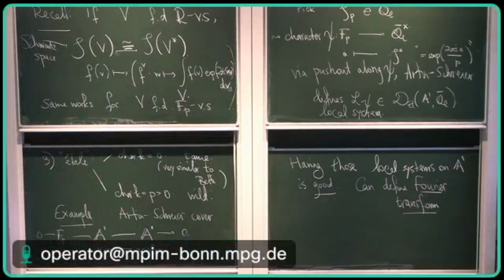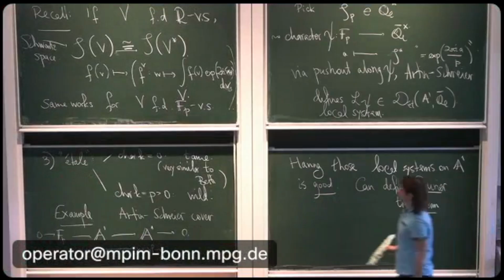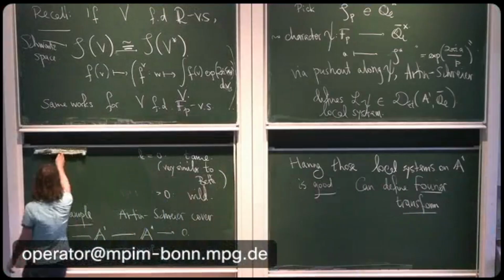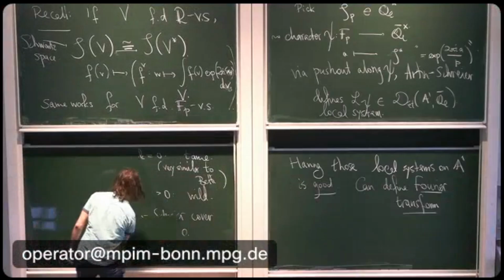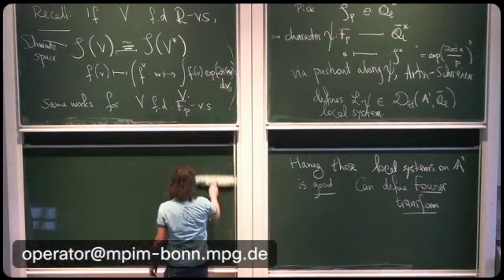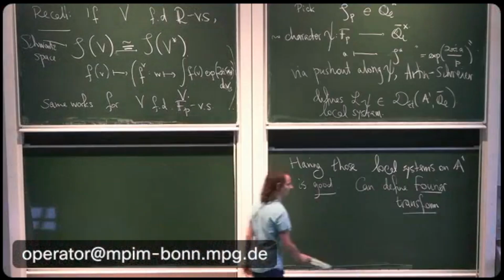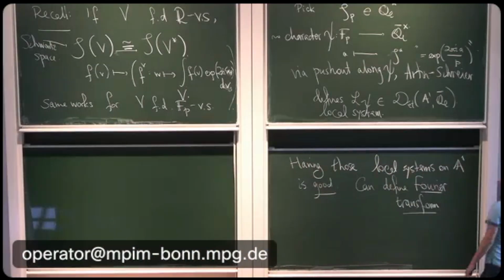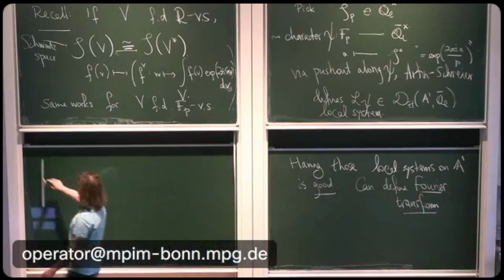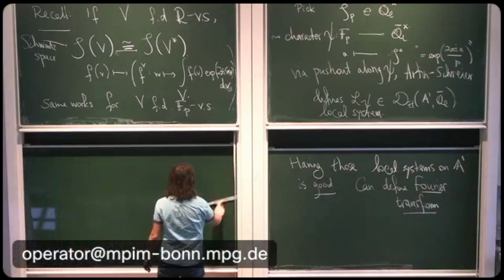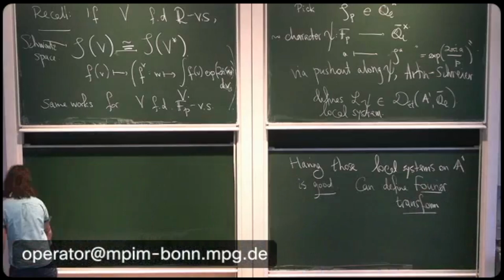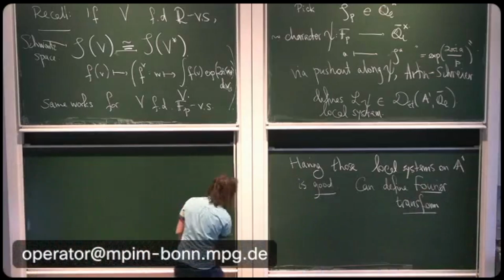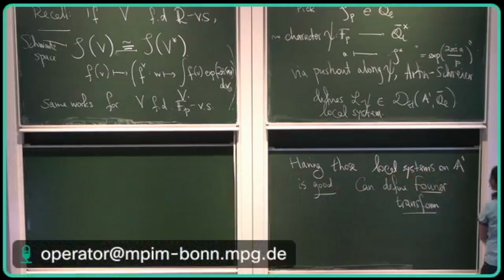So I guess that's called the finite Fourier transform or something. And then Deligne observed that there exists an analog for etale sheaves in characteristic p.